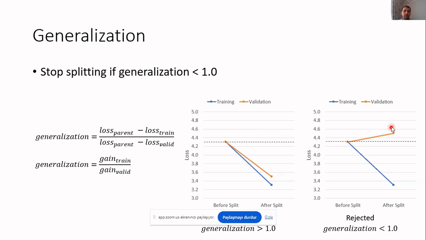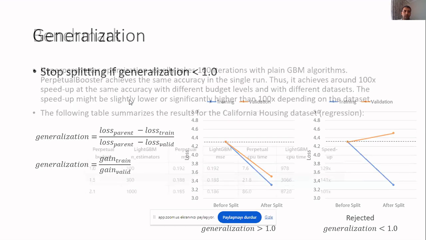If the loss increases in validation data, we reject that split, and we don't further split that node. And if the validation loss decreases after the split, we continue splitting. So this is a simplified version of the generalization calculation. Thanks to this generalization logic, we were able to remove all of the hyperparameters.